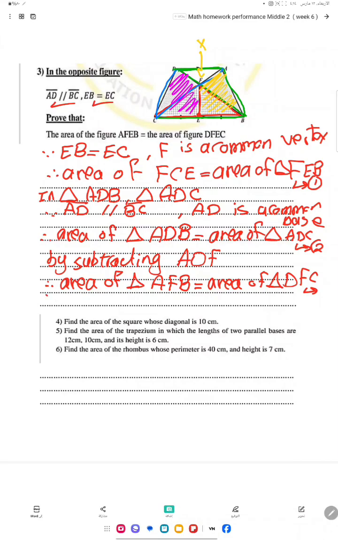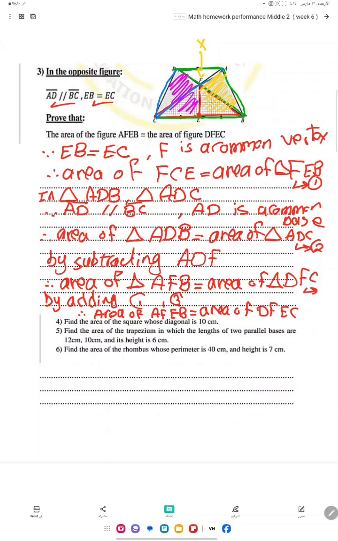So by adding 1 and 3, we will get the area of AFEB equal the area of the figure DFEC, and that's required.